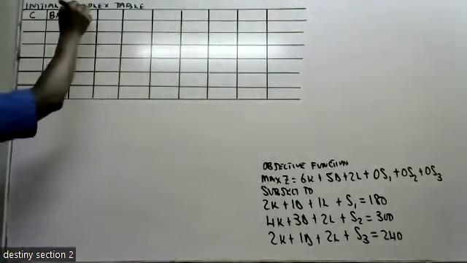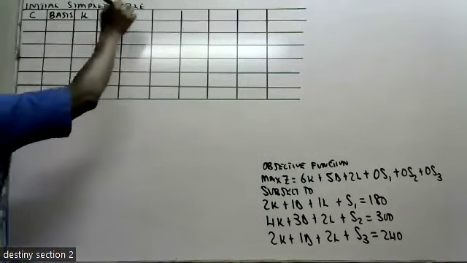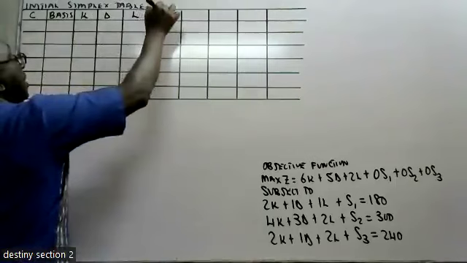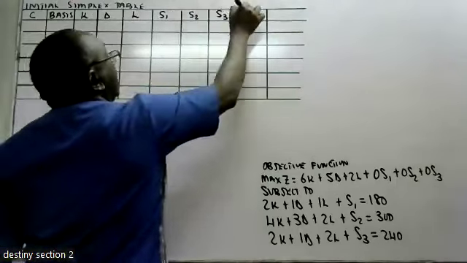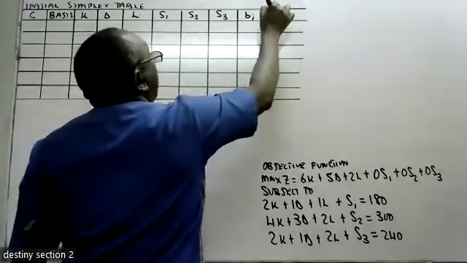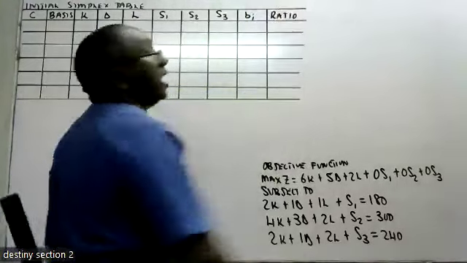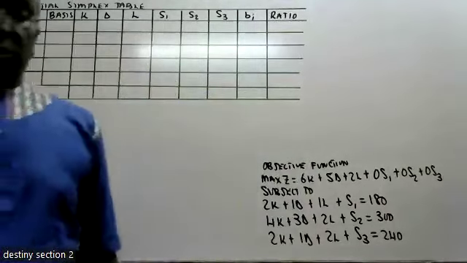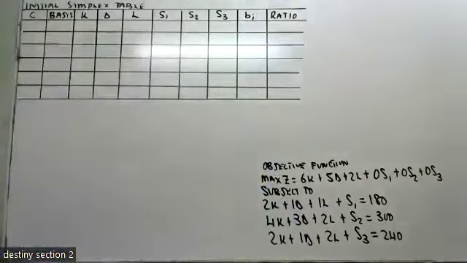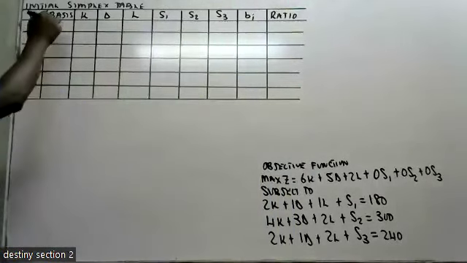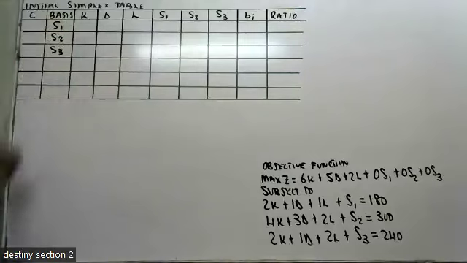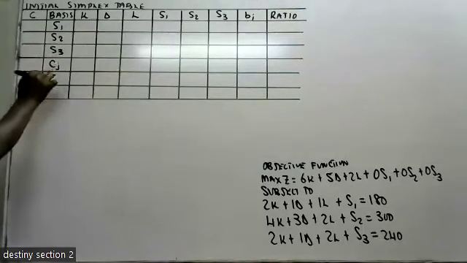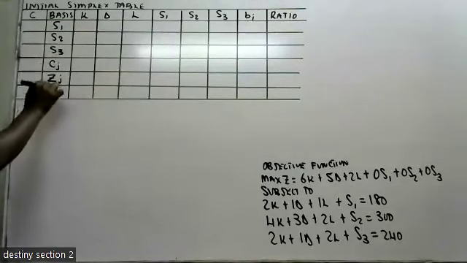So this will be K, D, L, S1, S2, S3, and BI. Then we normally leave a space for something called ratio. And here to start, we bring S1, S2, S3, the slacks. Then we bring CJ, ZJ, and DJ.